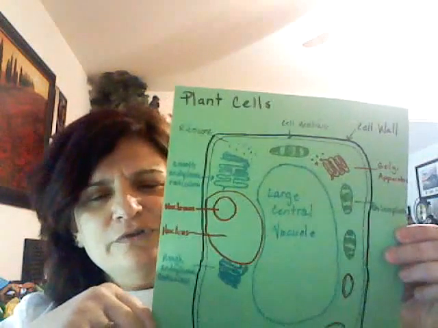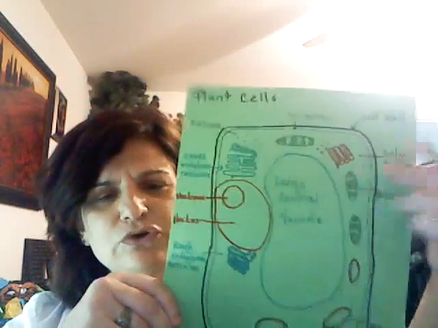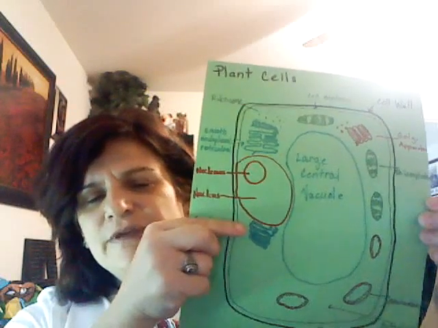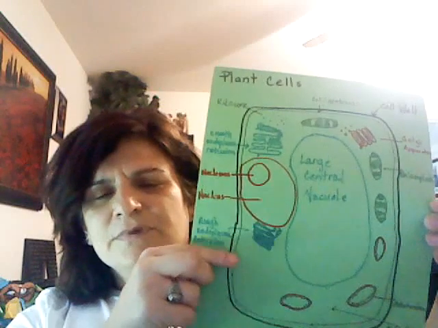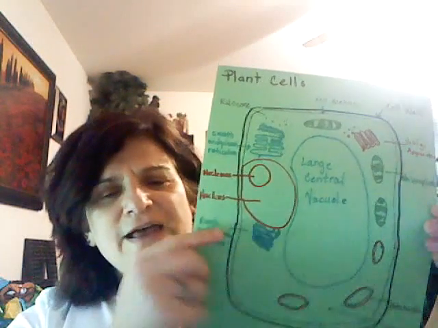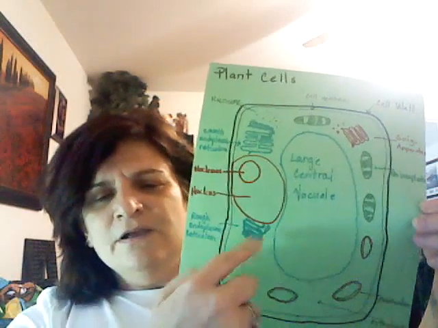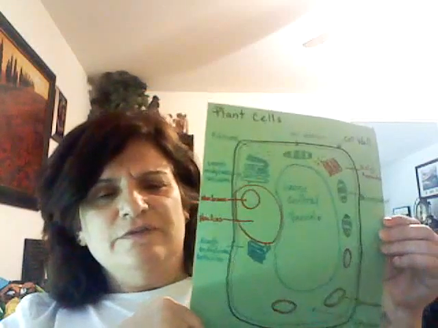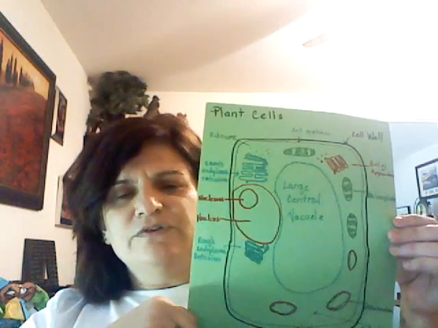In a plant cell, the organelles are slightly different, although they have the same nucleus and nucleolus, the smooth and the rough ER, the mitochondria, but the plant cell has this big structure that's in the middle, a vacuole. And what that does is it stores the food and the energy that is needed for the cell to live.